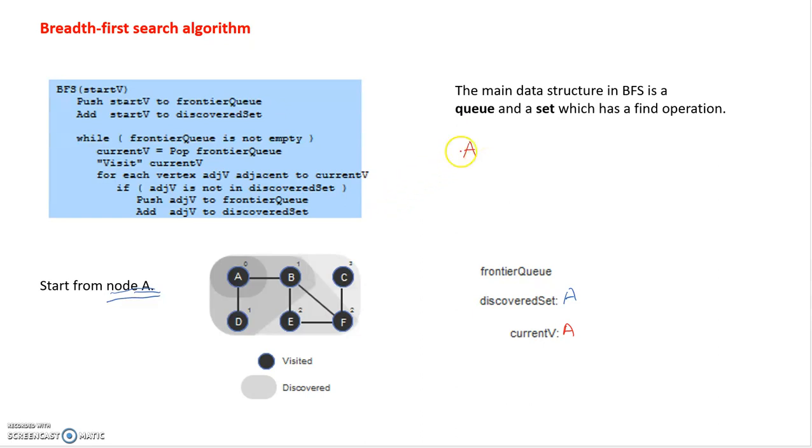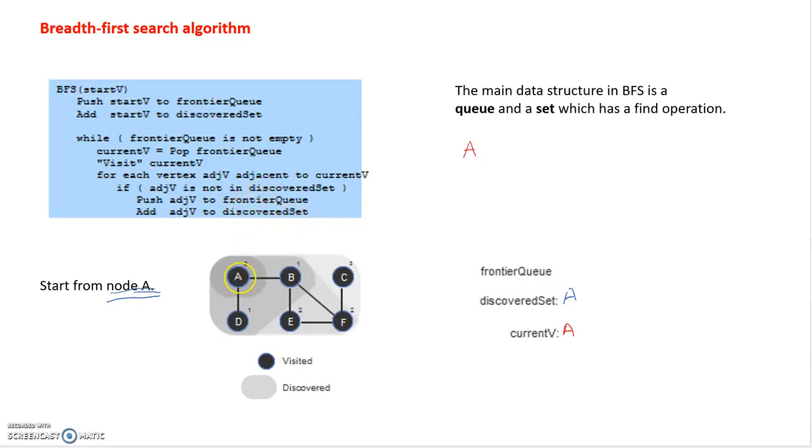And then we go through this for loop. In the for loop, we'll look at all the adjacent vertices of the current V. So we'll look at all the vertices adjacent to A. It is D and B. And if D and B are not in the discovered set, we'll push those adjacent vertices into the frontier queue as well as add them to the discovered set.